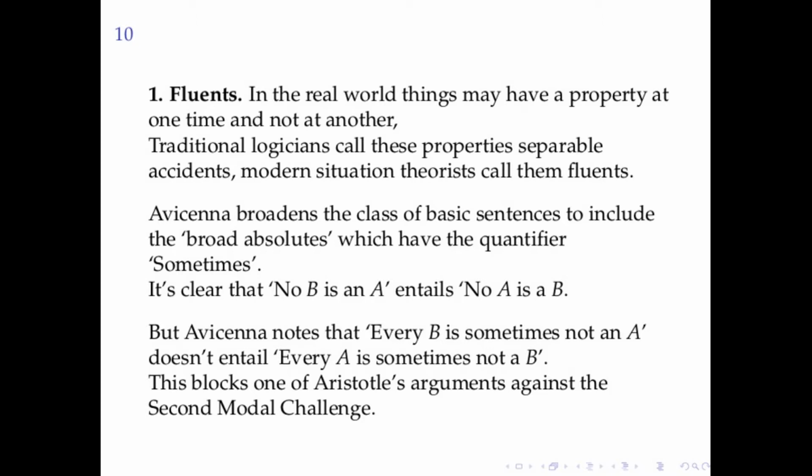For example, Aristotle reckoned that if no B is an A, then it follows that no A is a B. But if we put a time quantifier sometimes in there and start with every B is sometimes not an A, then we can't infer every A is sometimes not a B. I leave it to you to find examples.